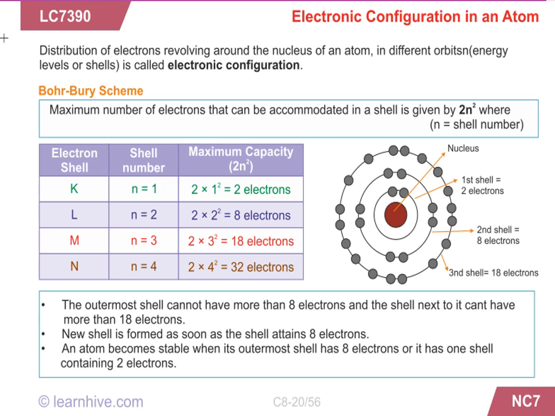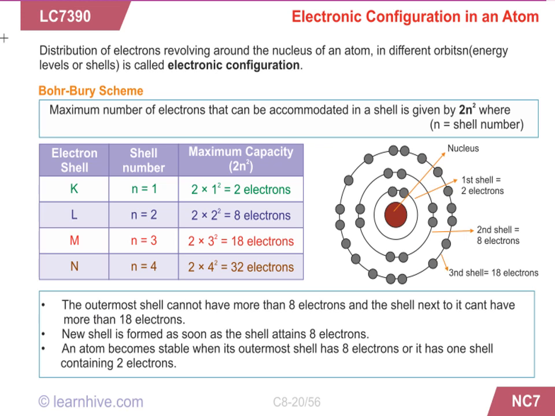That is 2 electrons. Number 2, the L shell: 2 times 2 squared, 2 fours are 8. So the L shell has 8 electrons. M shell is 3: 2 multiplied by 3 squared, 3 squared is 9, 9 twos are 18 electrons.